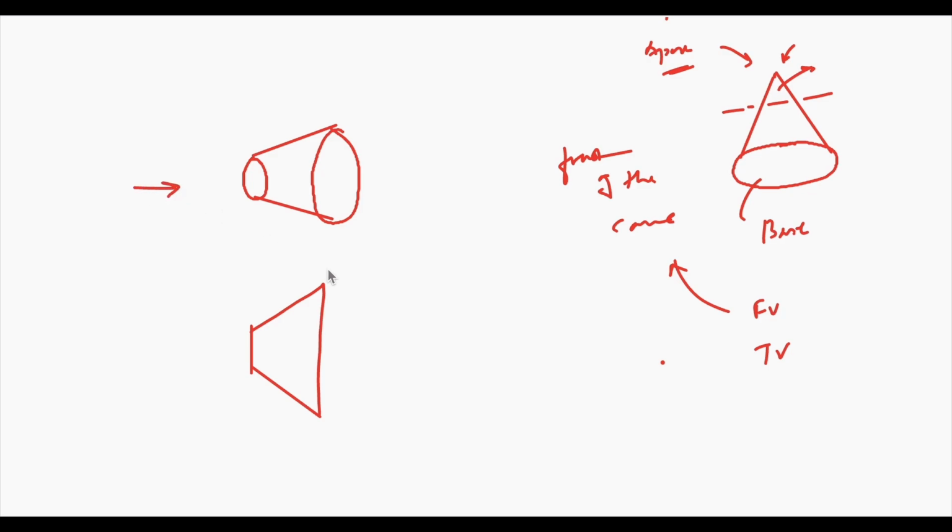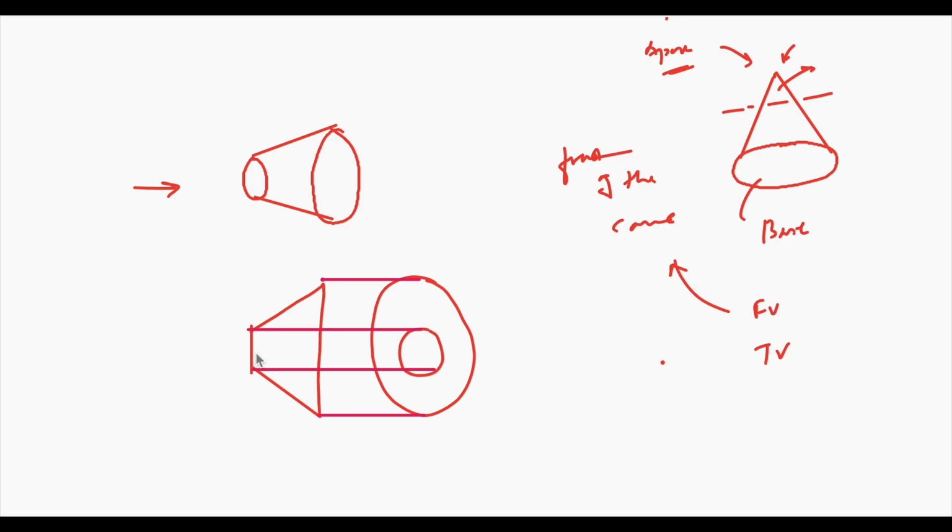And when you look at the object from the left direction, there would be one smaller circle whose diameter will be equivalent to this smaller face, and a larger circle whose diameter is equivalent to this larger face. Okay, so this is the front view and this is the left hand side view.